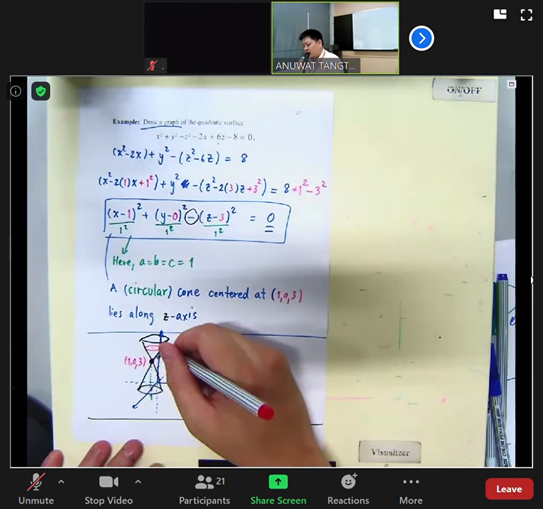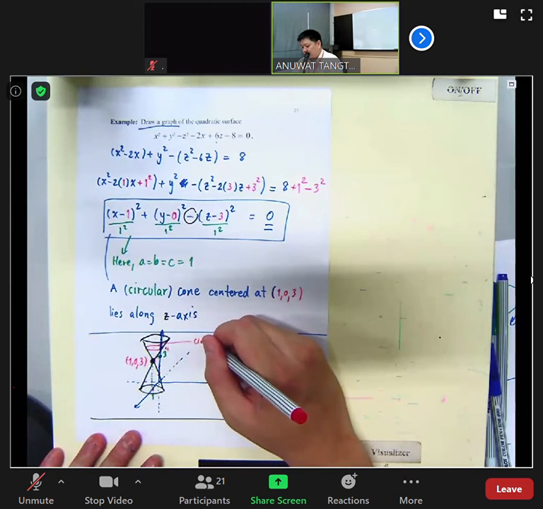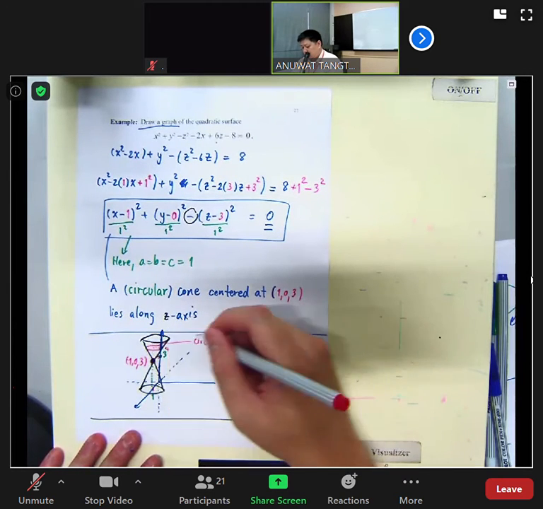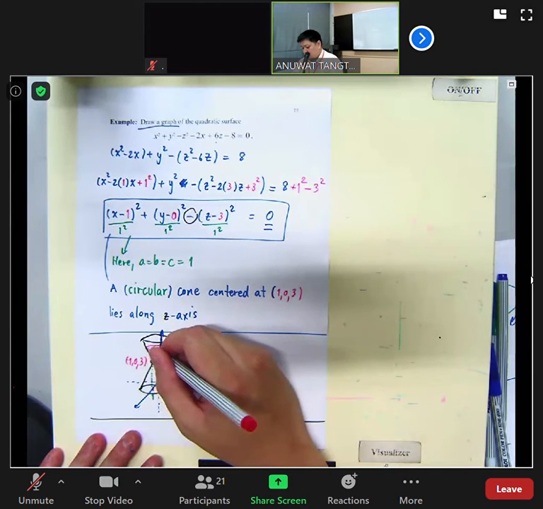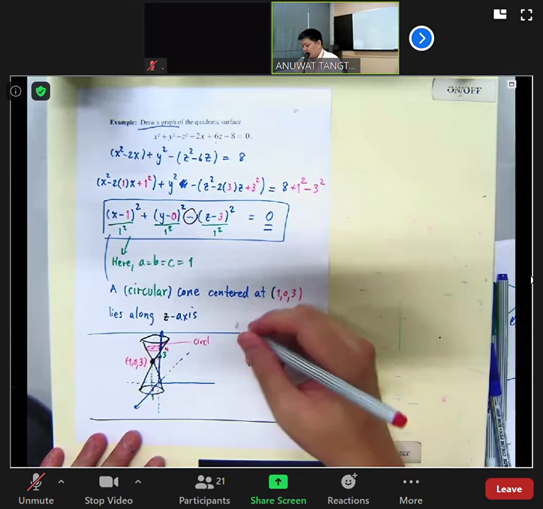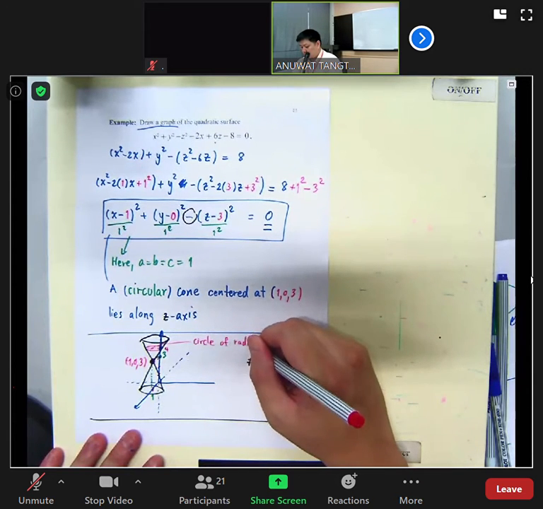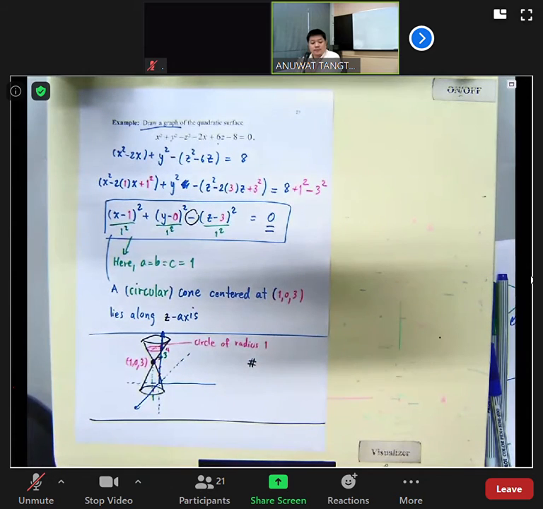So on z equal to 4, the trace becomes a circle of radius 1. And so on. Okay, so this is the circular cone.